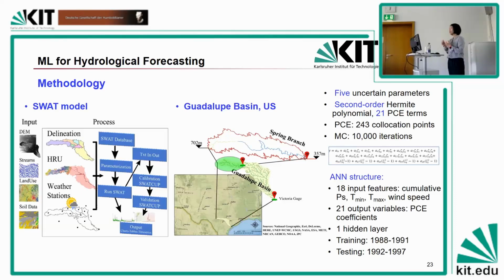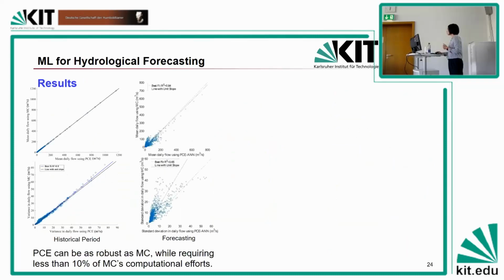Whereas if we use traditional Monte Carlo simulation, the baseline simulation that we did, we used 10,000 iterations. So the result was actually quite good, especially for the historical period where we used only 200 simulations to completely reproduce the uncertainty analysis result from 10,000 Monte Carlo simulations.